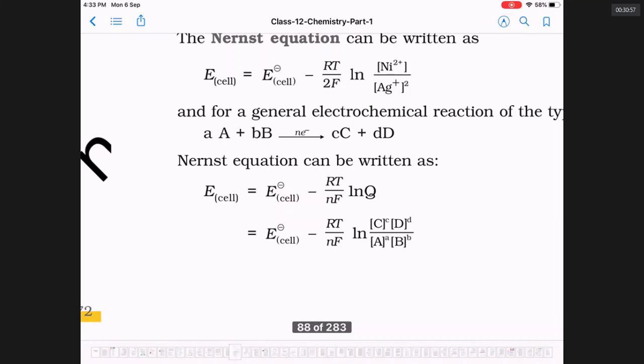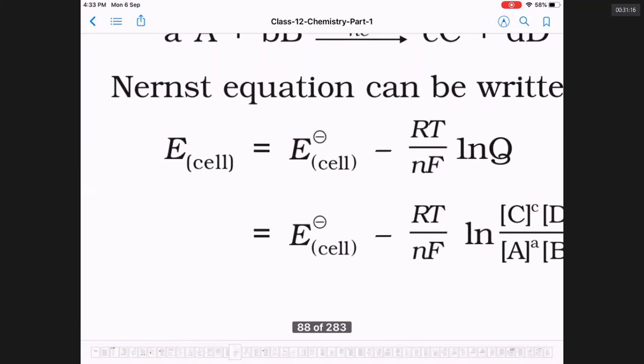Please remember that when there is an equilibrium, the cell is dead. When the cell is dead, E cell is equal to 0. E cell can be equal to 0, but standard cell potential is never equal to 0. Therefore, when E cell is equal to 0, standard cell potential will be equal to RT by nF ln Q.